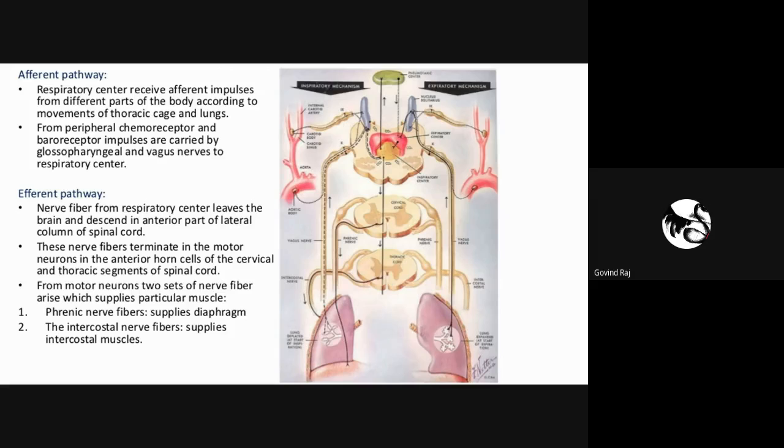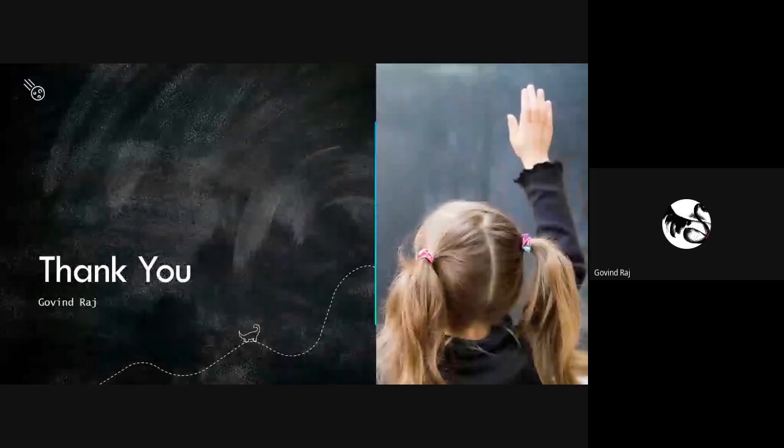Thus this whole respiratory mechanism is controlled by the different inspiratory centers, expiratory centers, and the medullary respiration center. That is how the respiration mechanism is controlled. So that was my portion.